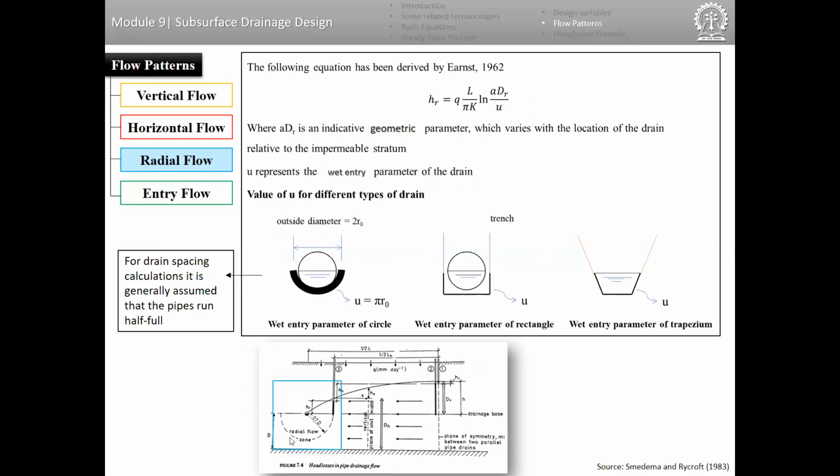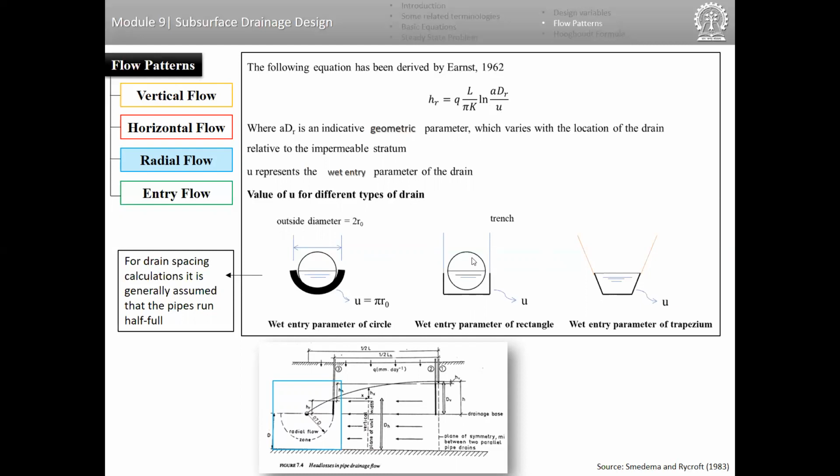So in this example, we can take this as a D. u is your wetting parameter, the wet entry parameter, and this also depends on what kind of drain you have. In case of a circle, you can consider the wetted parameter of the outer circle, u is equal to pi r naught.